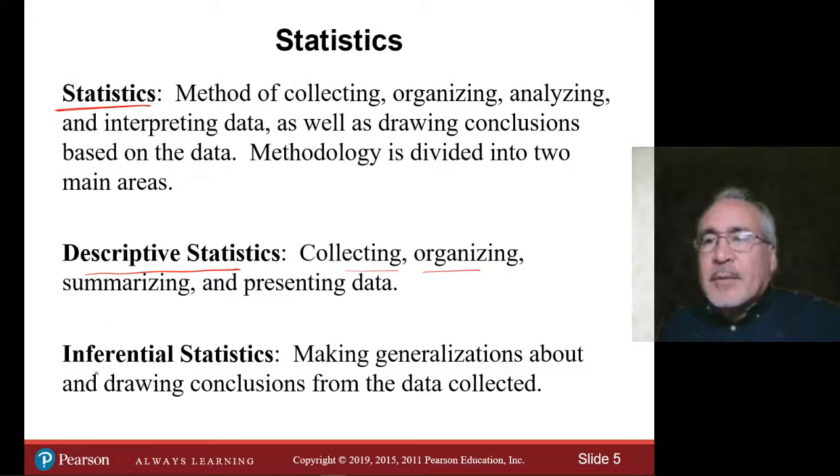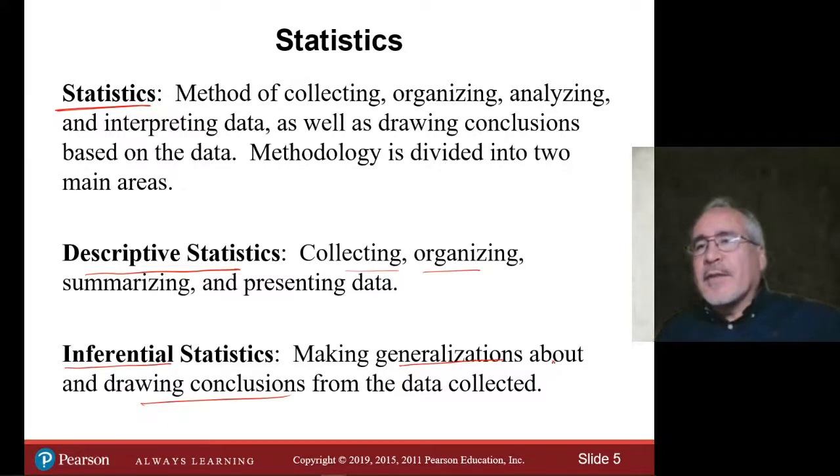And then the other type of statistics that we deal with are what's called inferential statistics, which allow us to make maybe either predictions or generalizations about a population, about a situation. So drawing conclusions, making generalizations, we're able to tell something from those data. The descriptive, we are able to tell what the group looks like, right?